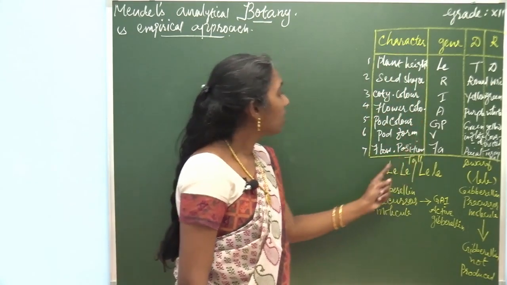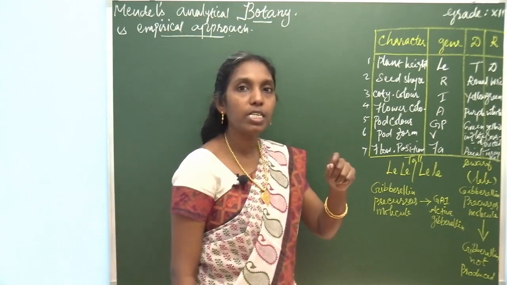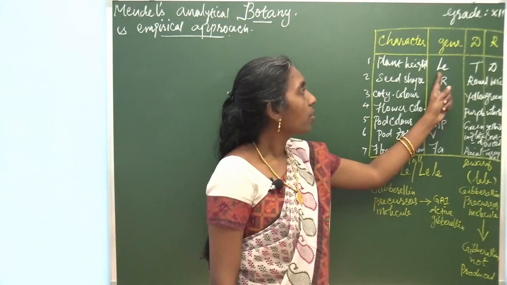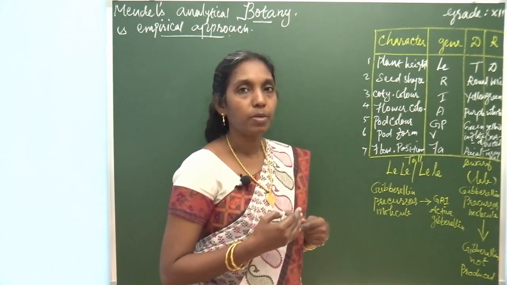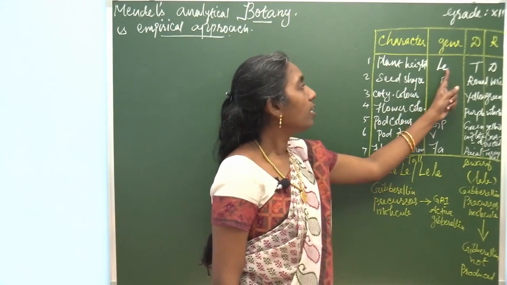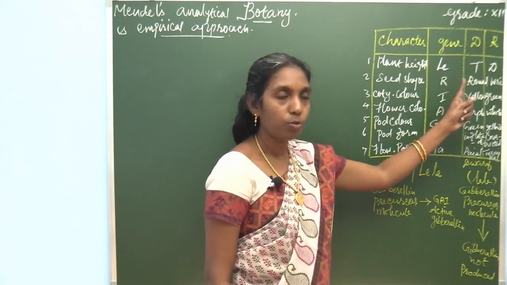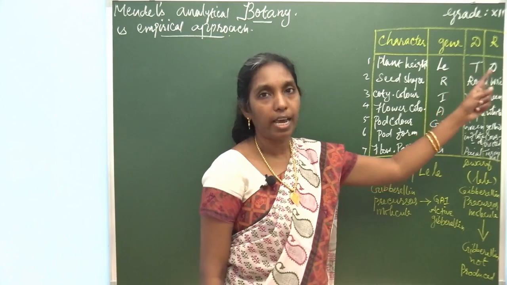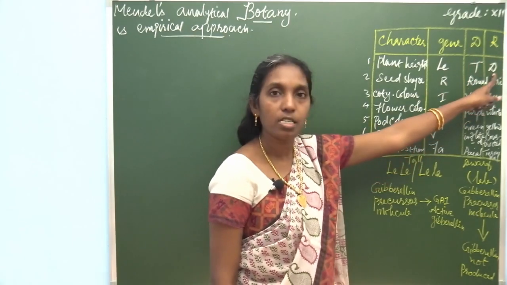These characters are expressed in the chromosome in the form of genes. The height of the plant is represented as capital L and small e, and the dominant character of plant height is tall and the recessive character is dwarf.